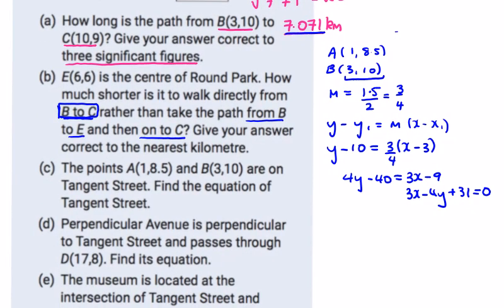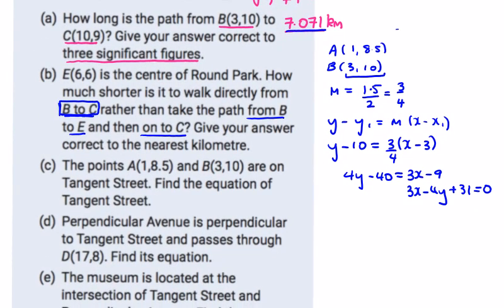So we have D, Perpendicular Avenue is perpendicular to Tangent Street and passes through this point. So just another equation of a line story. Question 17, part D, the perpendicular slope will be minus 4/3, based on 3/4 being the original slope.